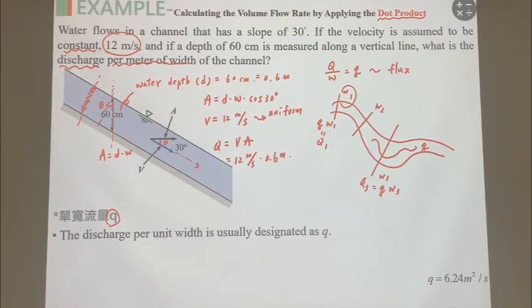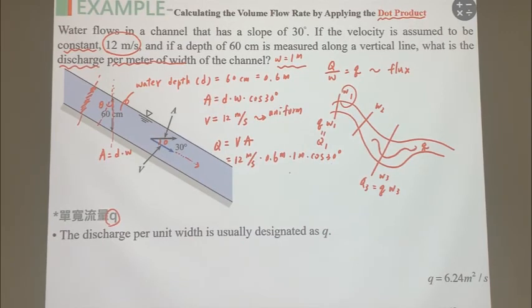meters. And what is the w? The question didn't tell you the w. I assume the width is 1 meter because we are considering the situation per meter of the width. So I assume the width is 1 meter, multiply by the width 1 meter and do the cosine theta.